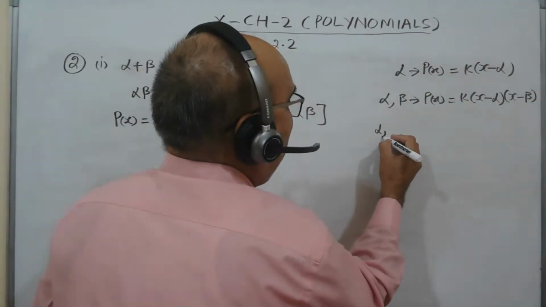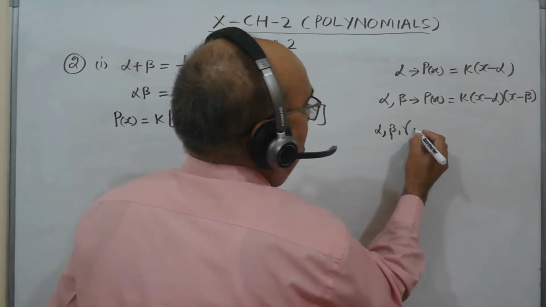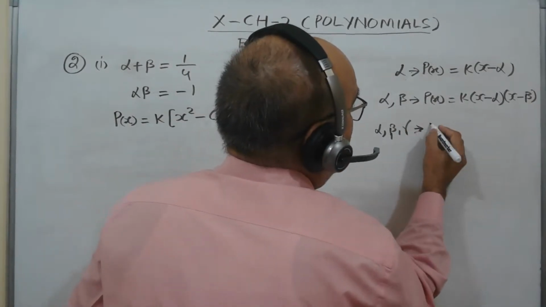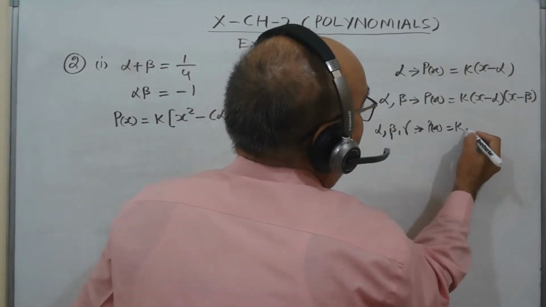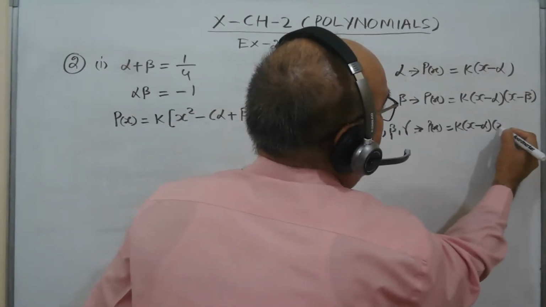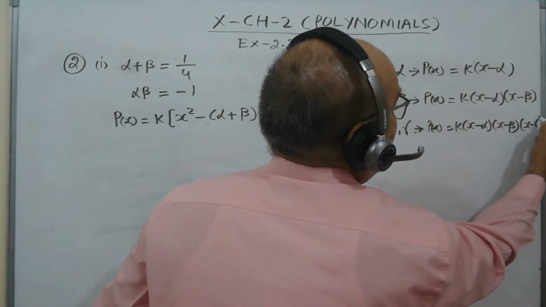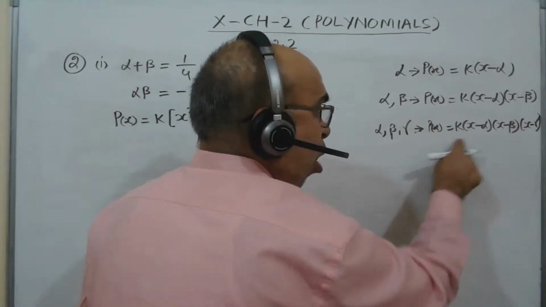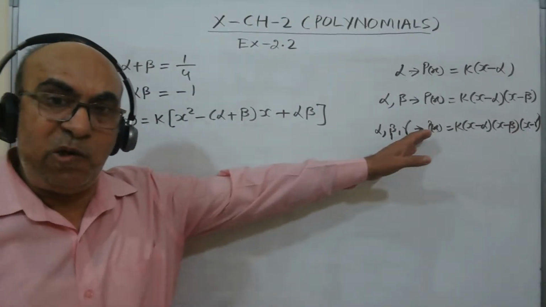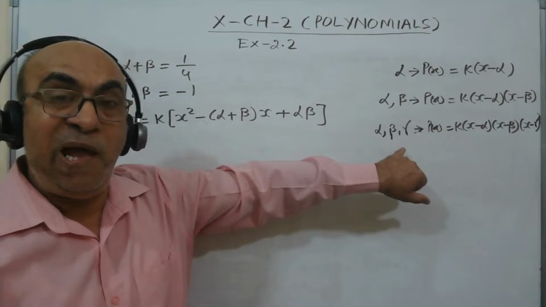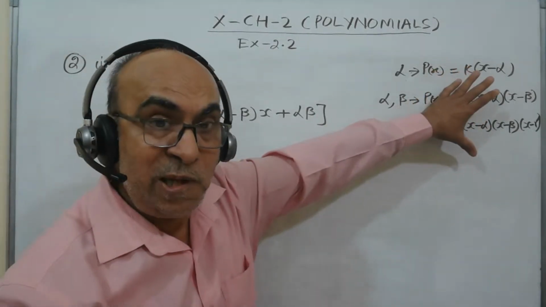If three zeros are given, then the polynomial will be k(x minus alpha)(x minus beta), and the third zero is (x minus gamma). If you multiply all these brackets, you will get a cubic polynomial whose zeros will be alpha, beta, gamma. So this is the concept.